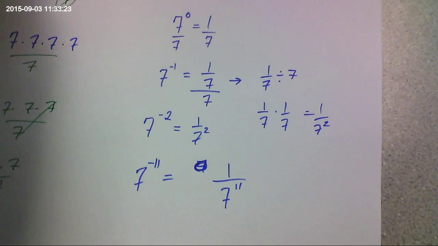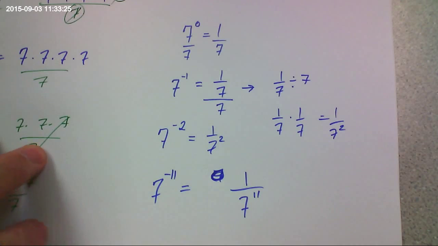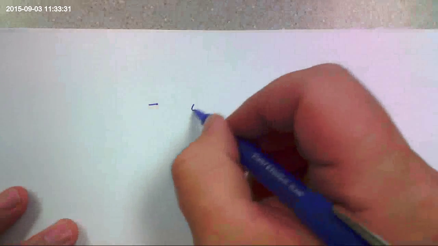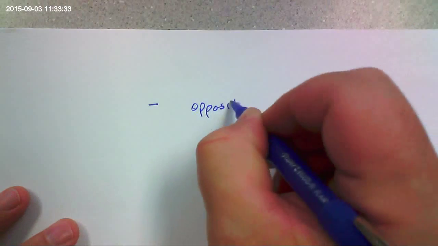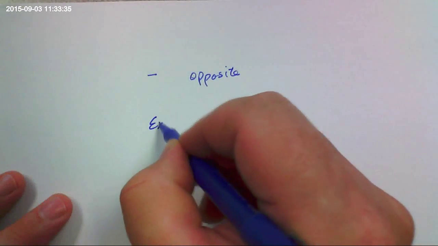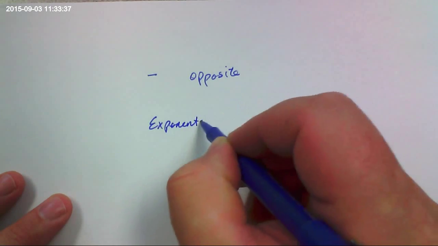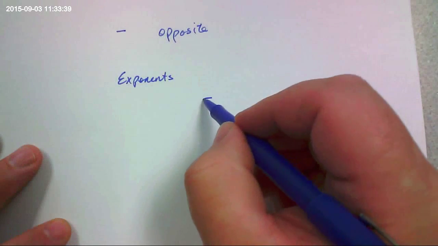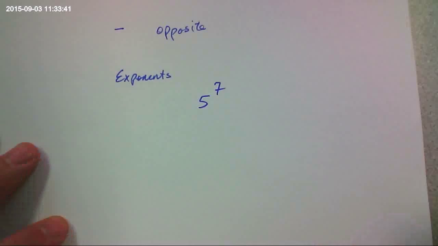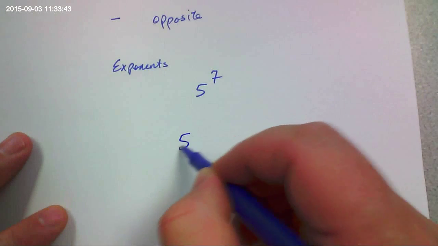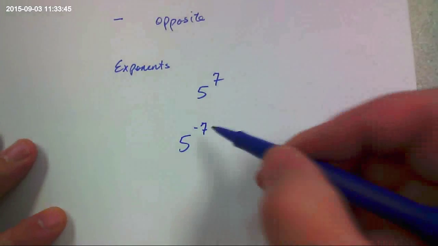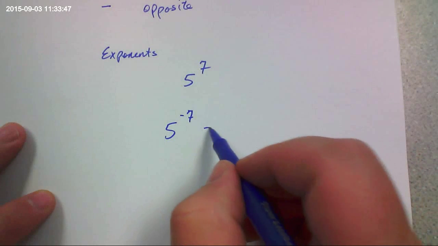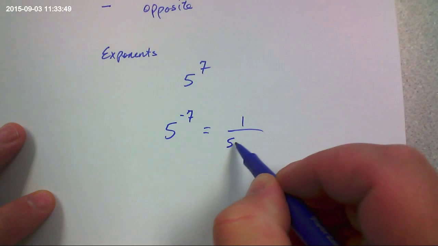Here's the thing. And I know this video is going rather quick. You can pause it as you need to take notes. Here's the thing. The negative sign means opposite. Okay? And exponents mean repeated multiplication. So that means 5 7s multiplying. The opposite of repeated multiplication is repeated division.